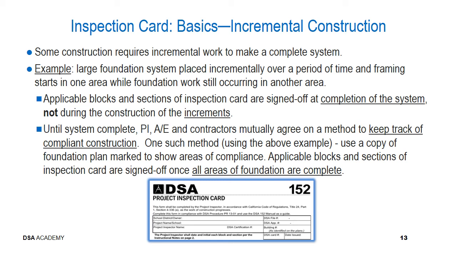One such method, using the above example, could be to use a copy of the foundation plan that's been marked up to show various areas of compliance. Remember, all of the applicable blocks and sections of the inspection card are signed off once all areas of the foundation are complete.